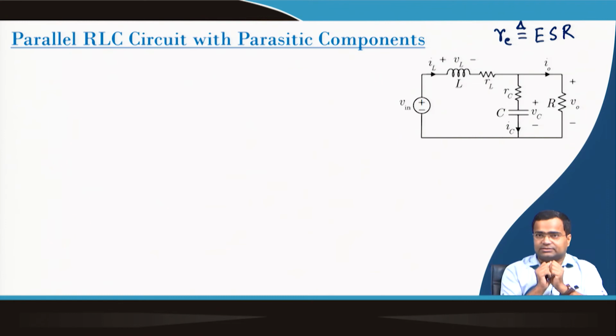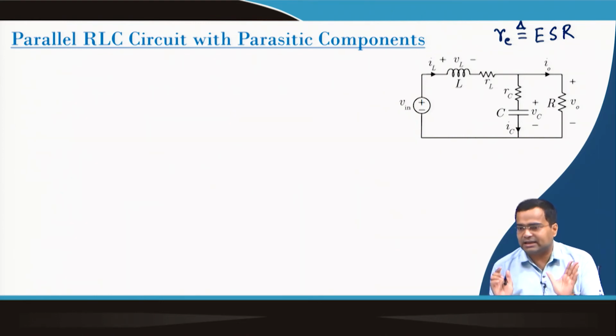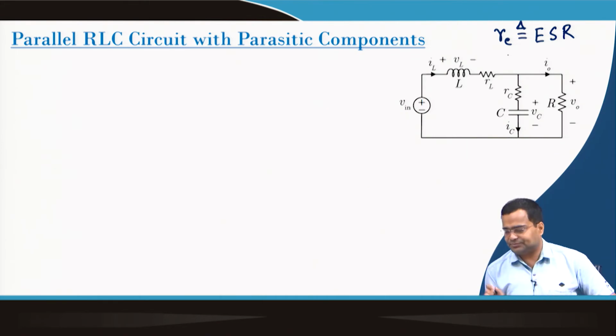So, many other factors. This ESR also depends on temperature. That means, if the capacitor is operated at different ambient temperature, this resistance can also vary, but we generally write it as an equivalent resistance, the equivalent series resistance.